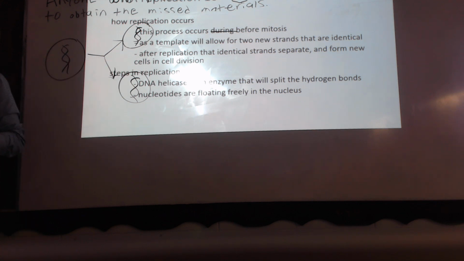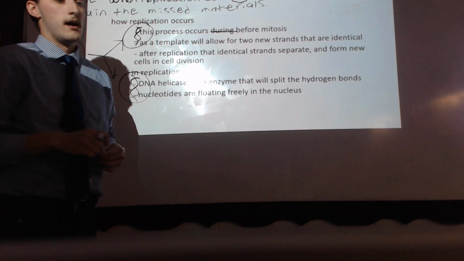What if I mess it up and make one that's the same and one that's different? Cancer, the cell dies. There's a ton of things the cell can do to make sure that the DNA isn't messed up. Wait, is it bad if the cell dies? No, it's good for it.